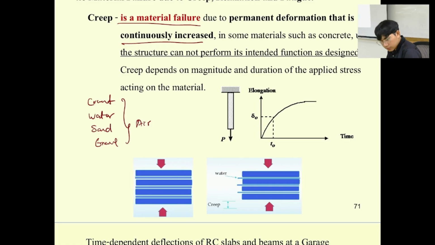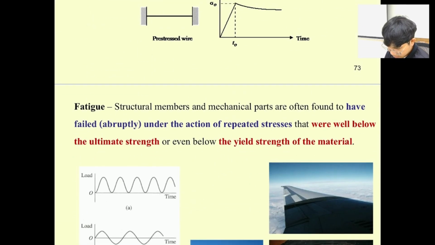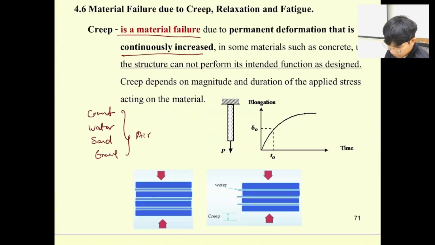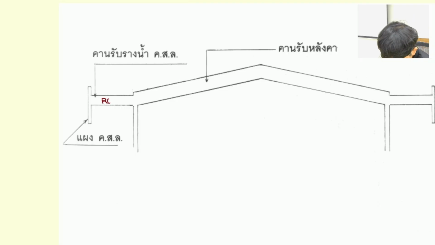To explain this, let's see these figures. Some figures disappeared over here. This one is an RC beam, and this is the decoration, which is the wall over here, and there will be some force dragging down like this.